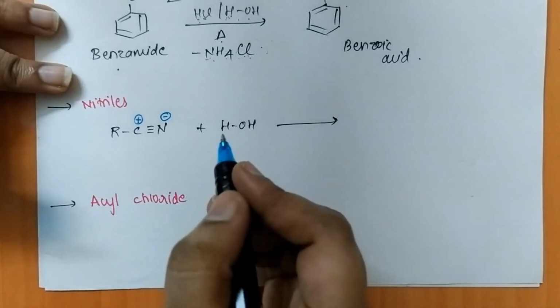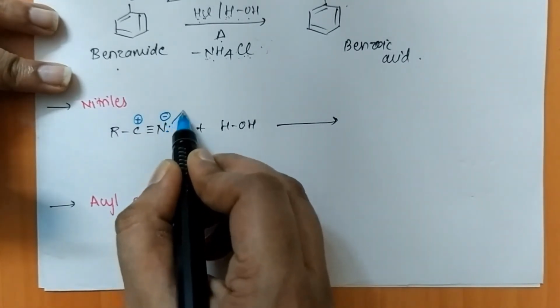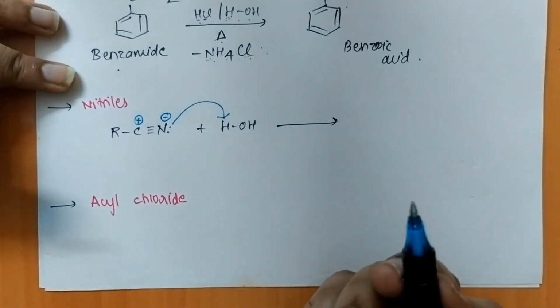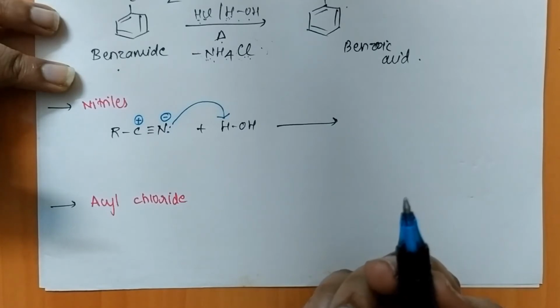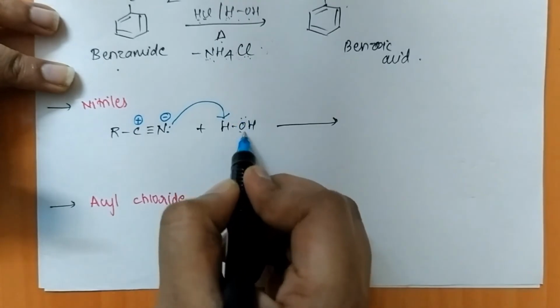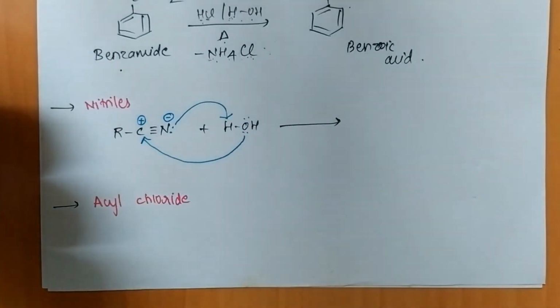So what is going to happen is that these electrons which are present here are going to combine with H, and ultimately these electrons are going to combine with the carbon atom.